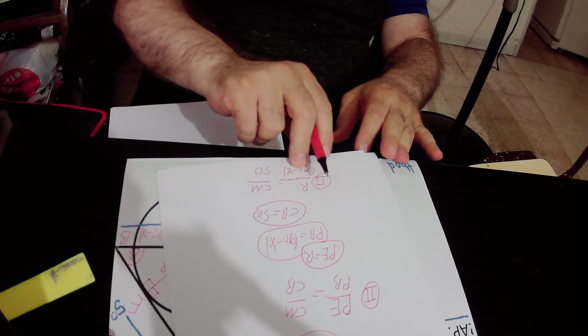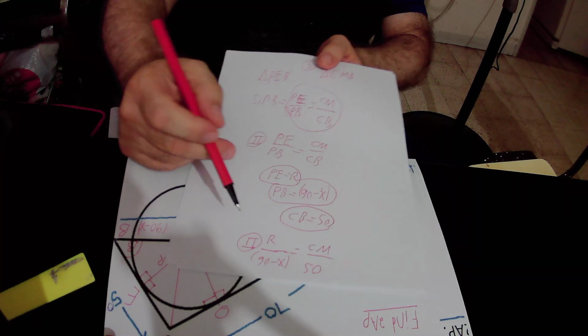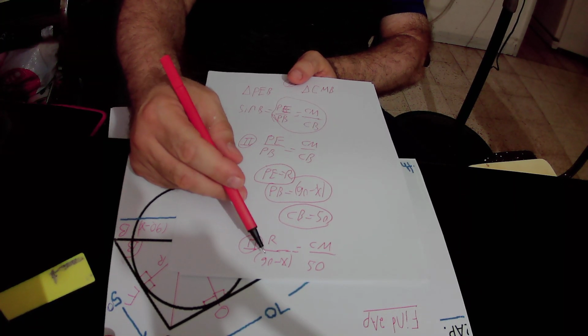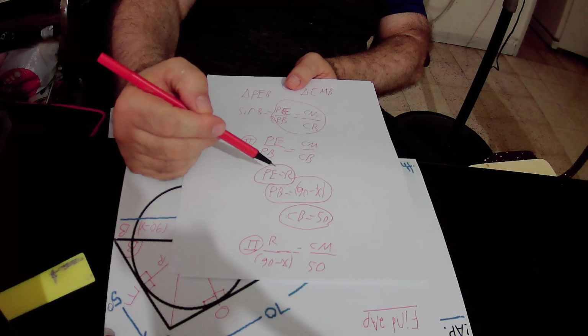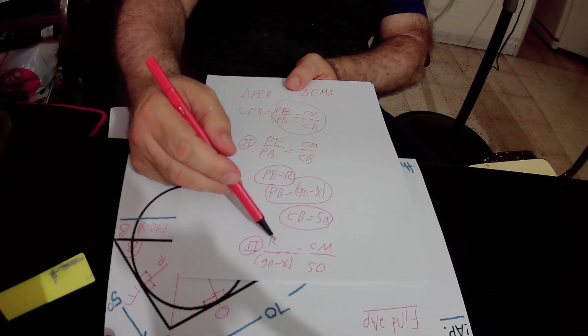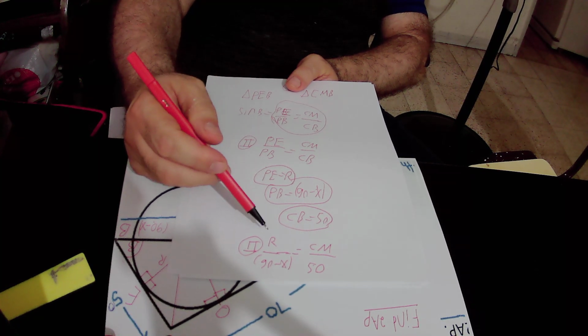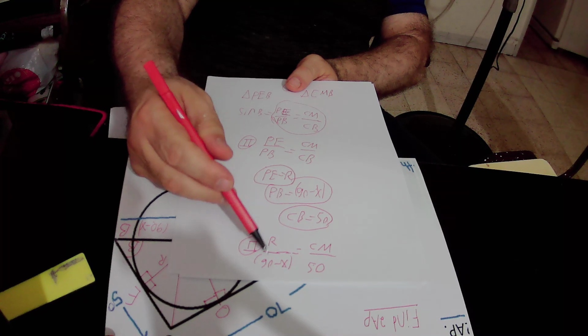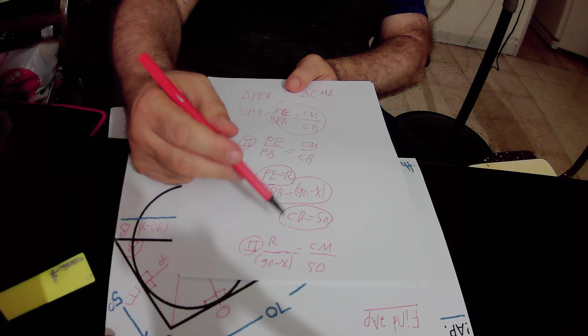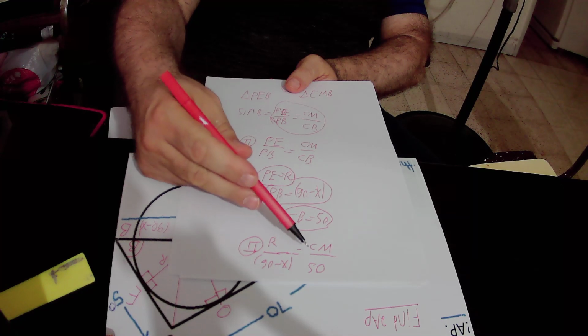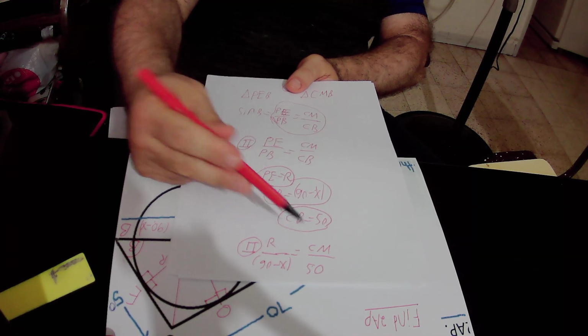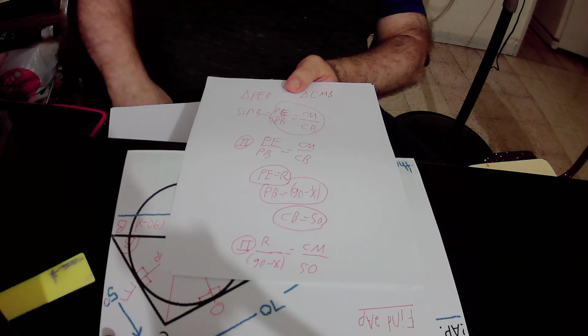So we got that R over 90 minus X equals CM over 50. Again, PE equals R, PB equals 90 minus X, and CB equals 50 units, so we substituted each of them. So now we will multiply both sides of the equation by 50.